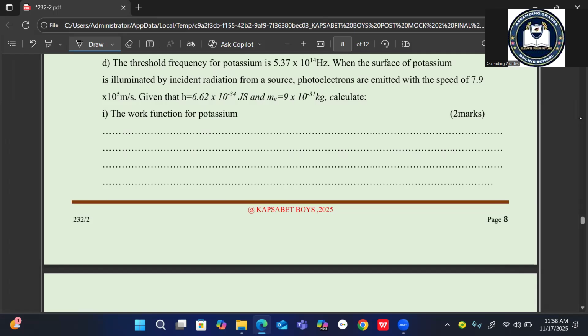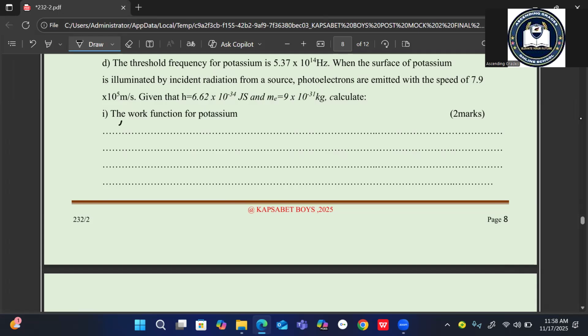Given that the Planck's constant is 6.62 times 10 raised to the power negative 34 joule seconds, and the mass of electron is 9 times 10 raised to the power negative 31 kg, calculate the work function for the potassium.